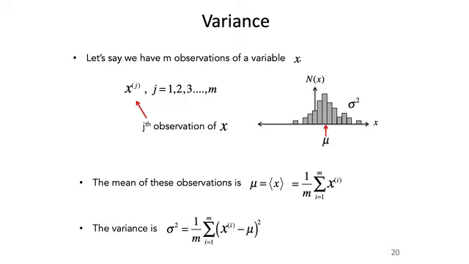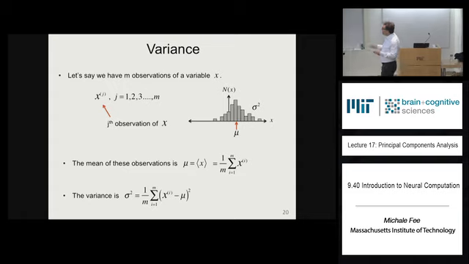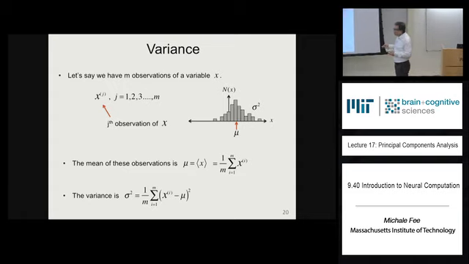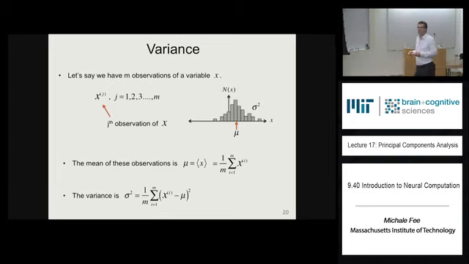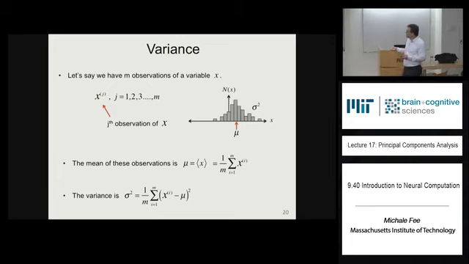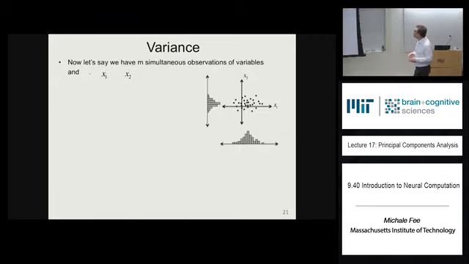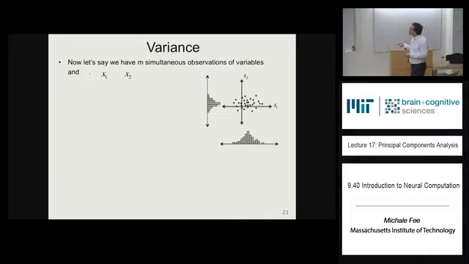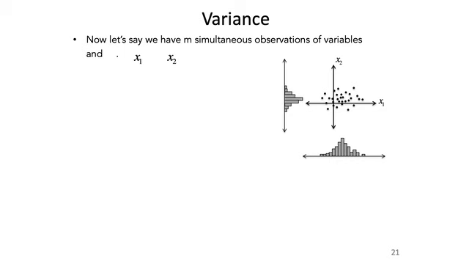You can also write down the variance of that distribution by subtracting the mean from all of those observations, squaring that difference from the mean, summing up over all observations and dividing by m. All right, now let's say that we have m different observations of two variables: pressure and temperature.